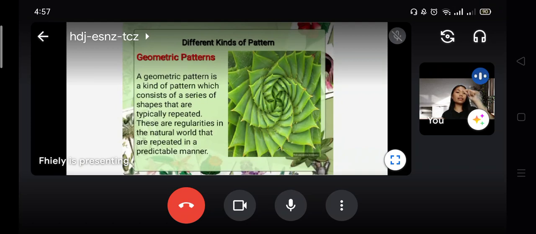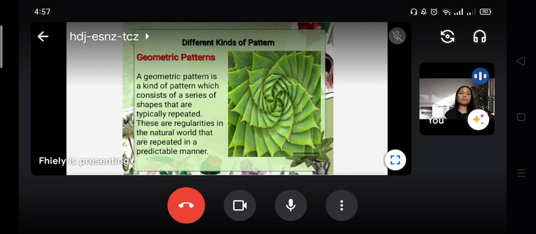In a predictable manner, makabalo na kita sa the whole visual nga geometric pattern, like the spiral as we can see here.